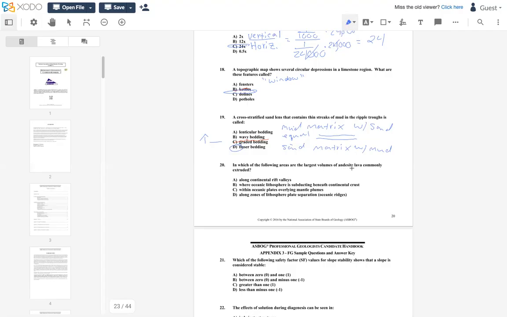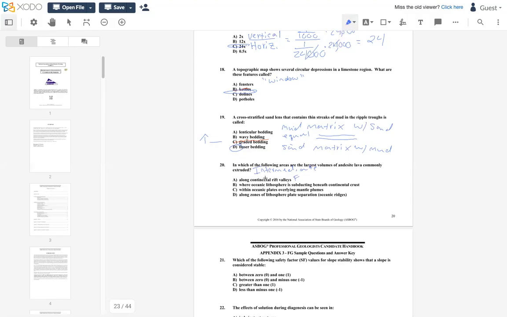What is andesite lava? When I think of that, I think of an intermediate composition. I know it's not 100% felsic, and I know it's not 100% mafic. So what kind of lava would form here? If we have continental rift valleys, we're probably making felsic.